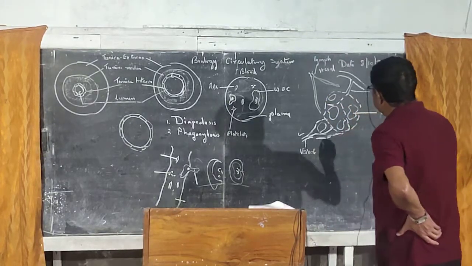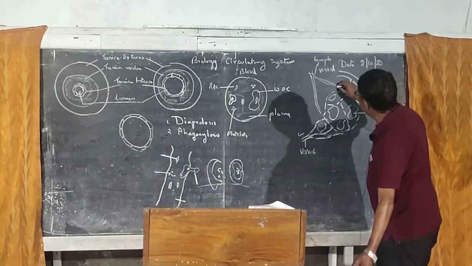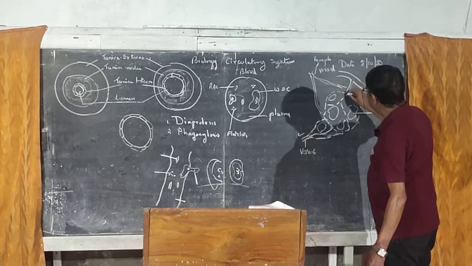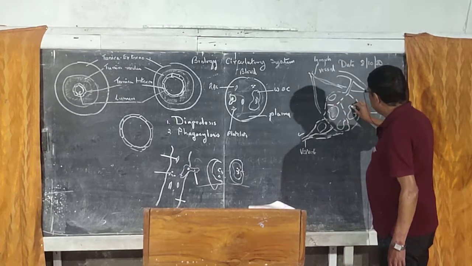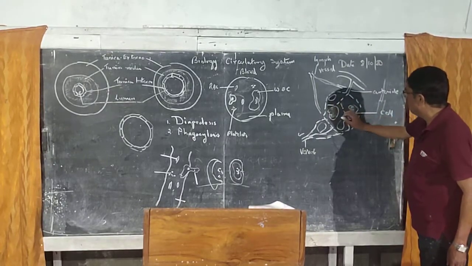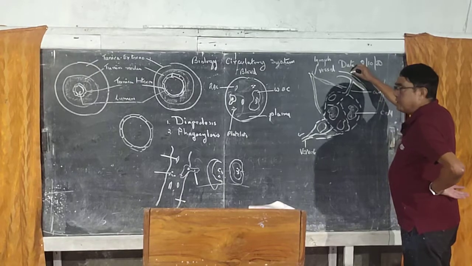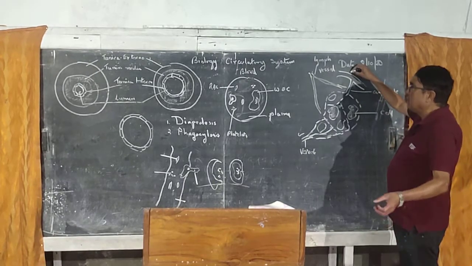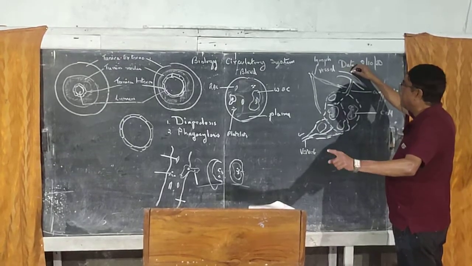Now, the exchange of materials in the tissue. These are the cells of the tissue. The largest artery, aorta, comes out from the heart and carries blood to different parts, and it branches.